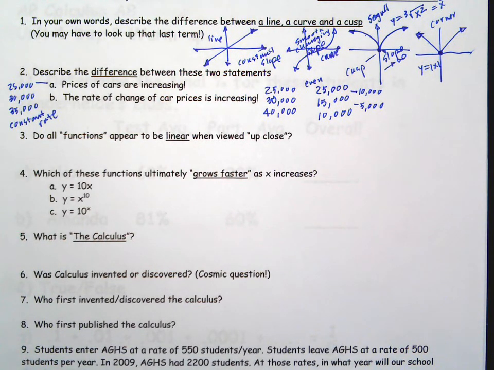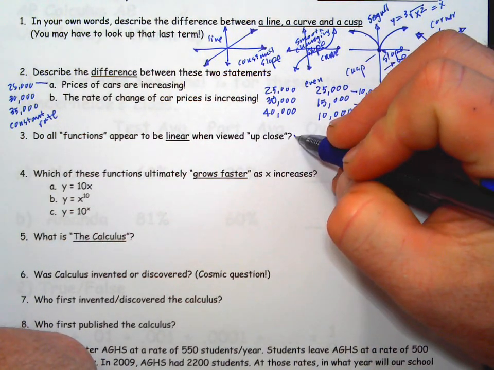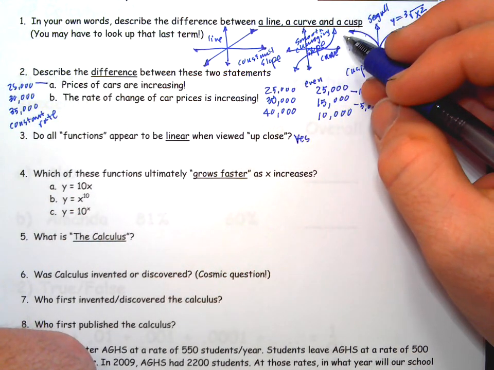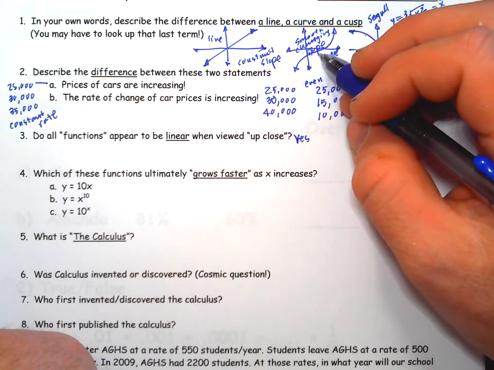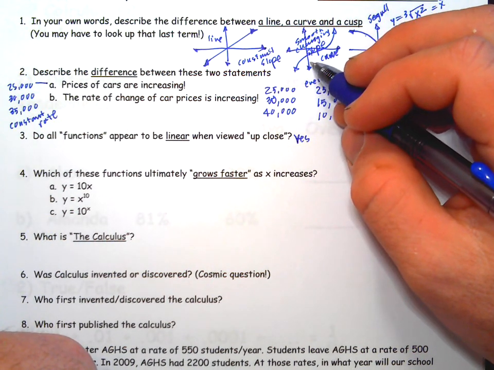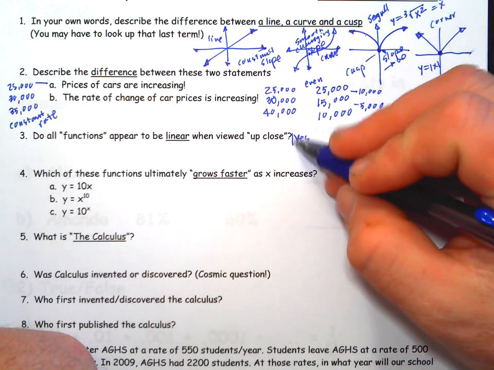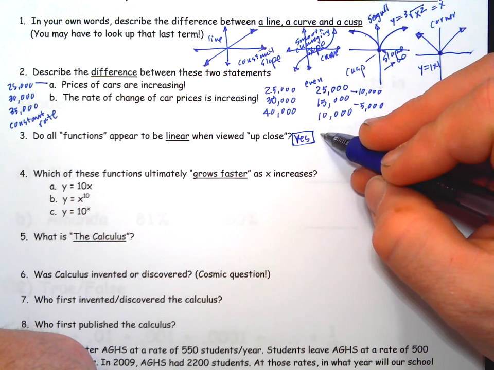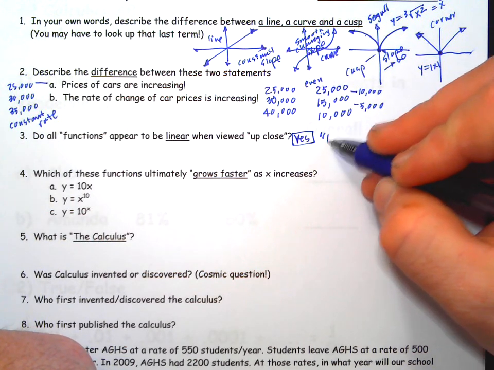So, do all functions appear to be linear when viewed up close? Yes, as long as they're smooth. If you zoom in on a curve enough, on even your graphing calculator, you zoom in, zoom in, zoom in, and it's going to look like a straight line. So we actually rely on this idea to develop some of our calculus proofs.